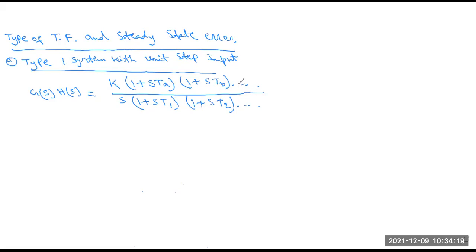So the numerator takes the n number of zeros, and the denominator takes the n number of poles.